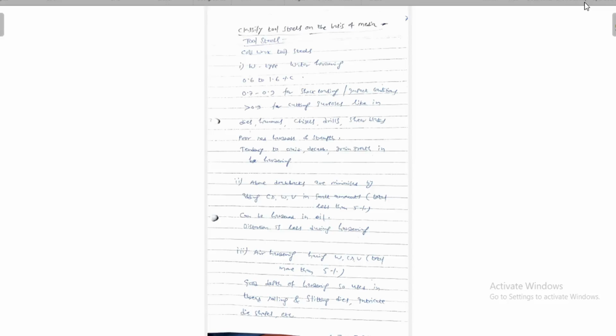So wherever more changes in the dimension of the tool are there, like thread rolling, slitting dies, intricate die shapes, this kind of steel is preferred over oil hardened and water hardened tool steel. So this was about the classification of tool steels, cold work tool steel and their types.